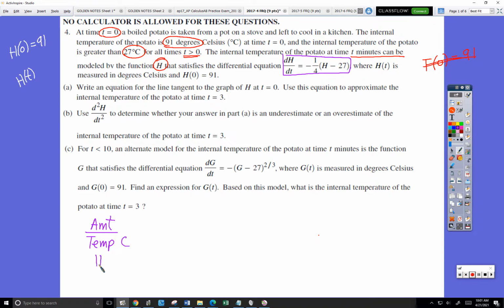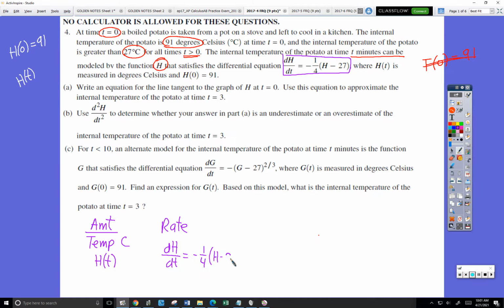And it's the formula H that can be calculated at any time. That's my amount. The rate at which the temperature is changing, that's the differential equation, dH/dt, negative 1/4 (H minus 27).